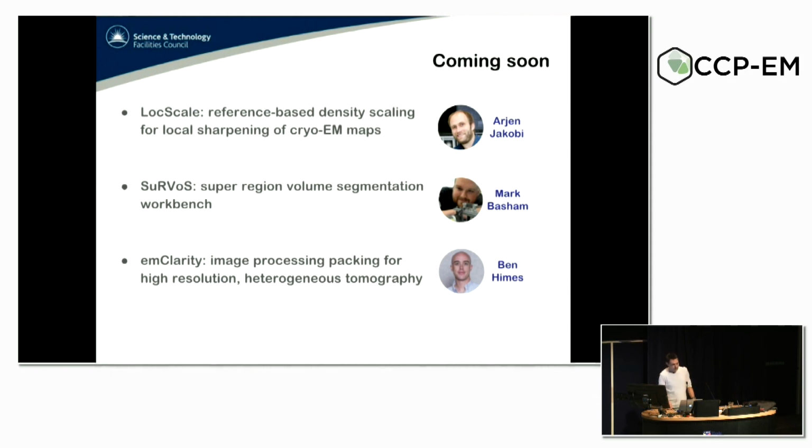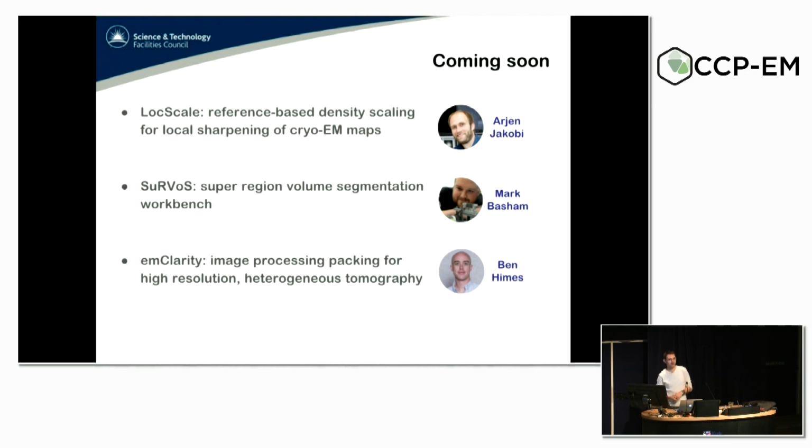In the future, we're going to try to sort of broaden our horizons a little bit and go into tomography. We'll provide tools for tomography. So we're working with Mark Basham, who's hiding up there in the wings. He's written a program called SuRVoS, which stands for Super Region Volume Segmentation. And this is a tomography workbench for identifying areas in tomograms, and he's going to speak about this tomorrow.